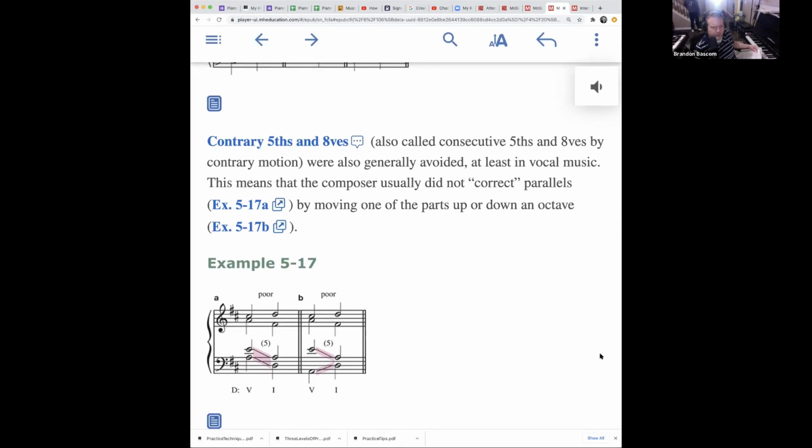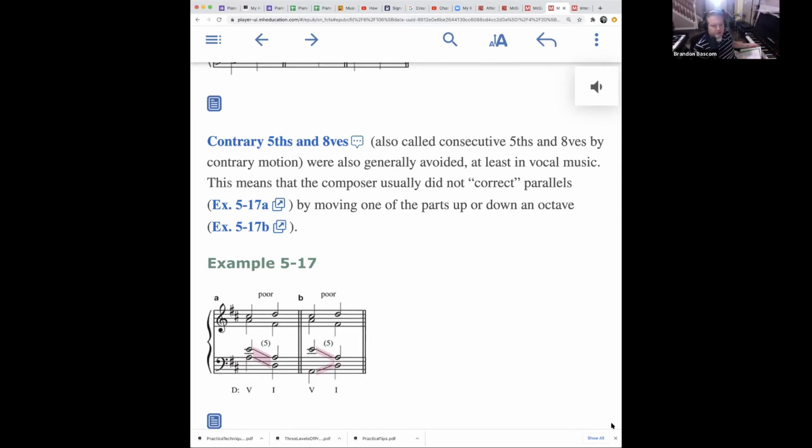Oh, you're saying that you don't have enough room in here. So it has to start on 5 and then go to 1 to be a contrary or parallel. I think you're right. On the contrary, yeah.